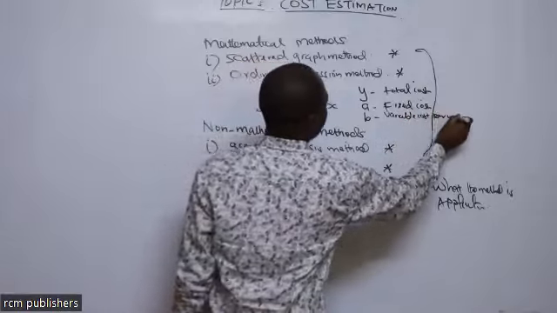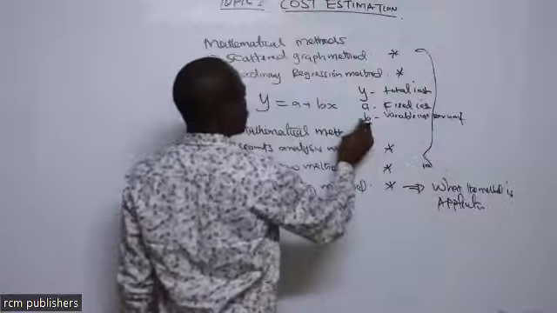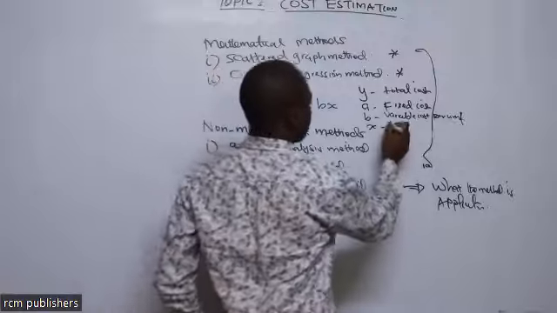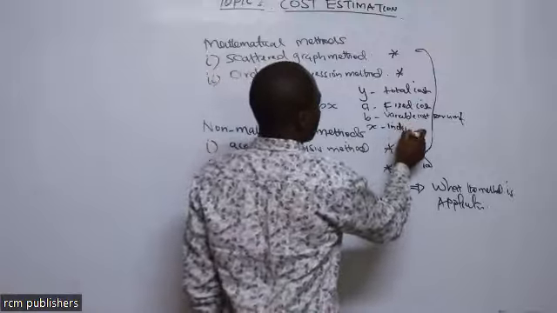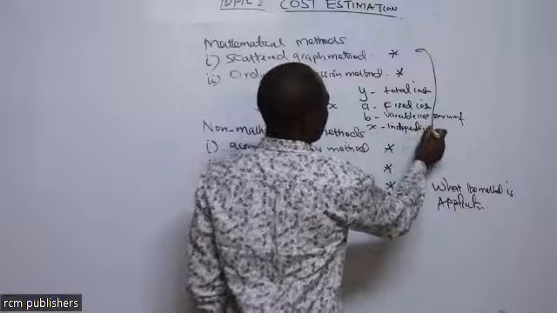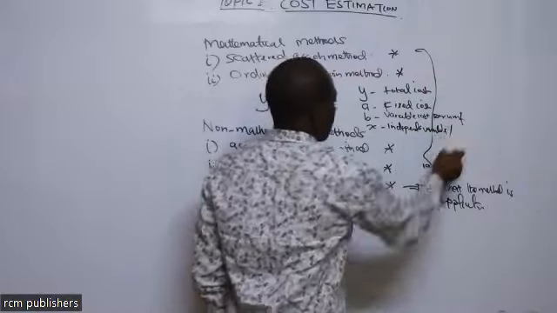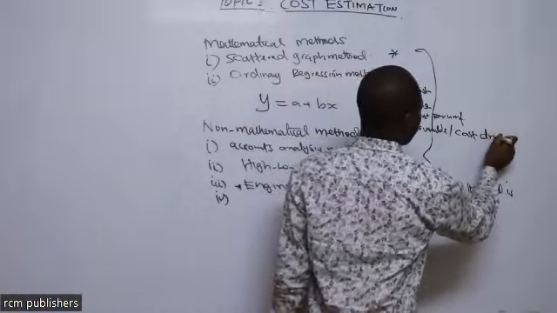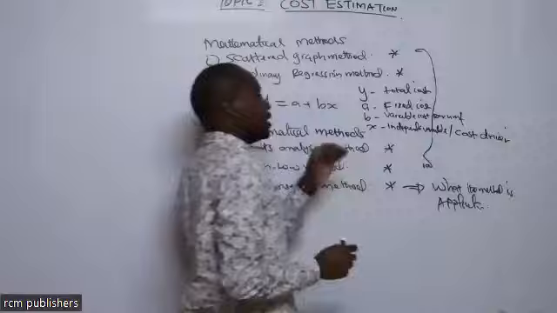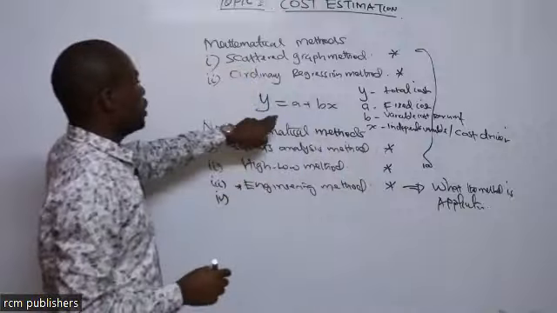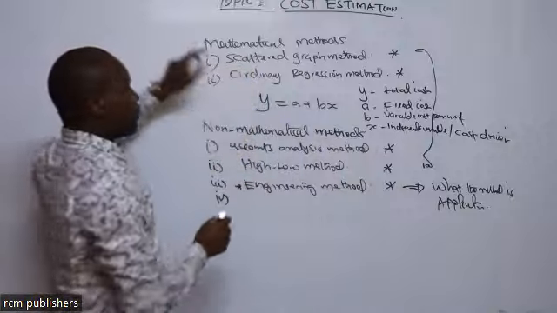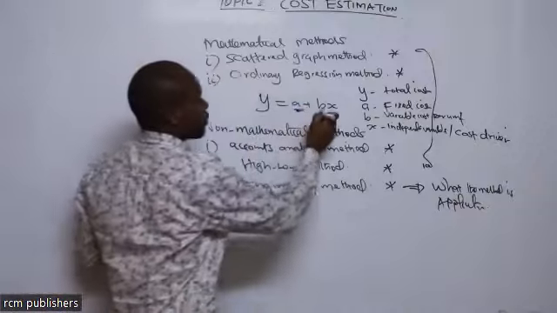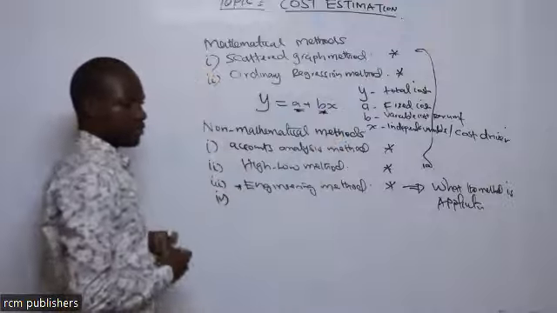cost per unit. Then we get to x, which is now the independent variable. In management accounting, we call it the cost driver. It will determine the value of y, because a is constant and the variable cost per unit is constant.